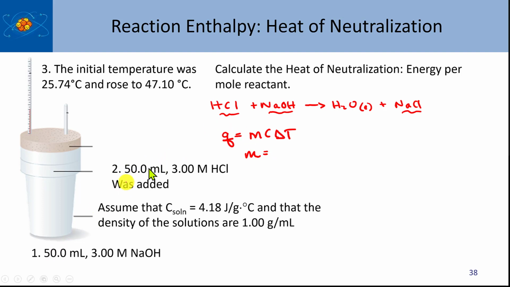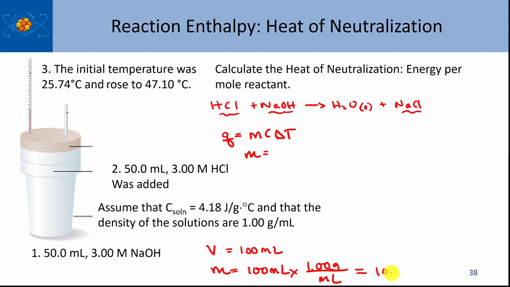Now, they're 50 mL and 50 mL, so volume of solution is going to be 100 milliliters. But to get the mass of the solution, I'll convert that over using the density. Now, the density isn't always 1, but in this particular instance, it's 1 gram per mL.